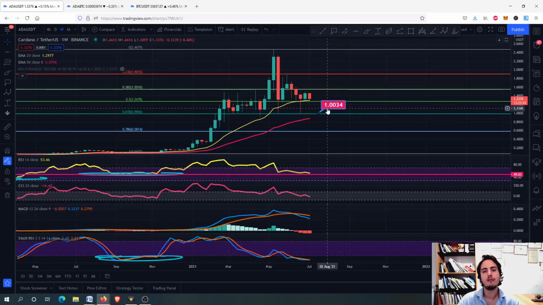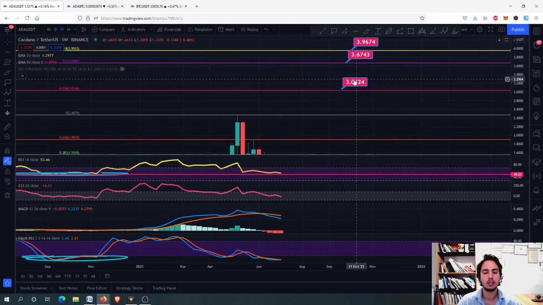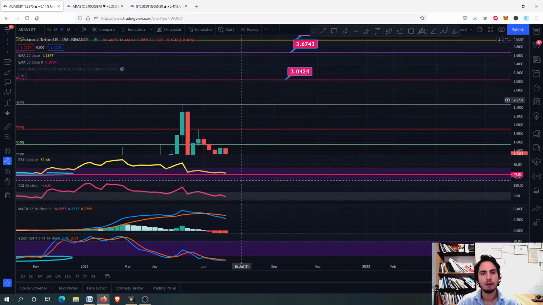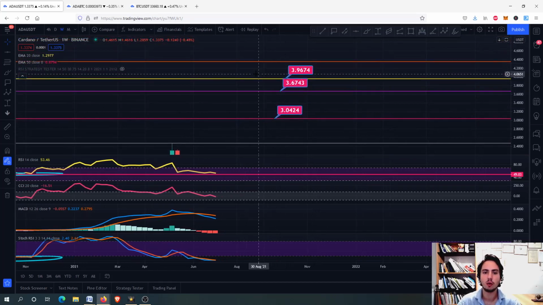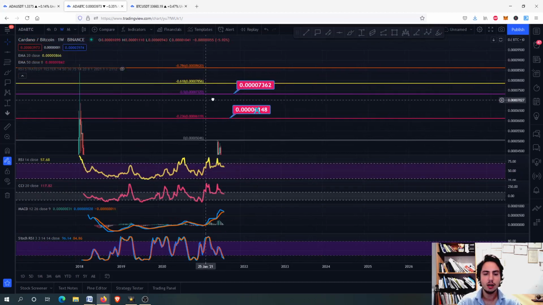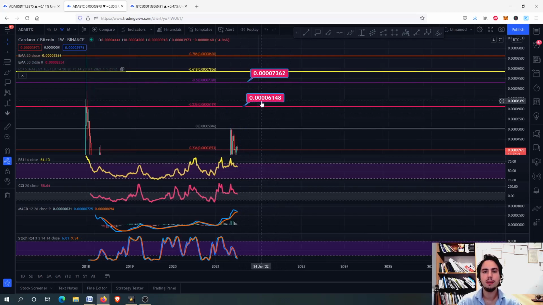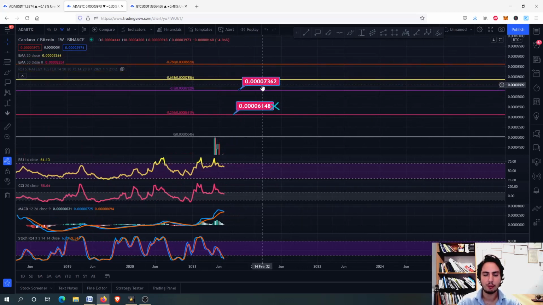the weekly frame. Okay, so I believe 3 Tether USD, 3.04 Tether USD is very, very possible, but not for now, for the next months. Maybe by the end of the year, maybe even higher to 4 Tether USD, but you will see that we have to be higher on the ADA Bitcoin chart, and Bitcoin has to be more than 50,000 Tether USD around there if we want to go to 4 Tether USD for Cardano.